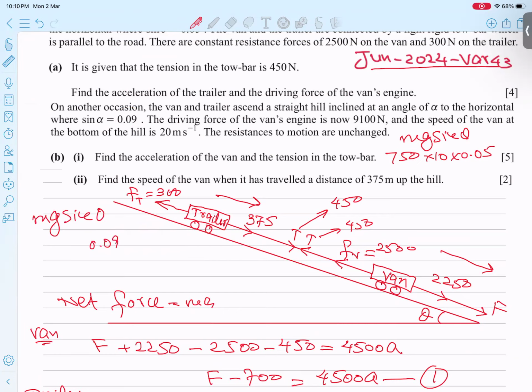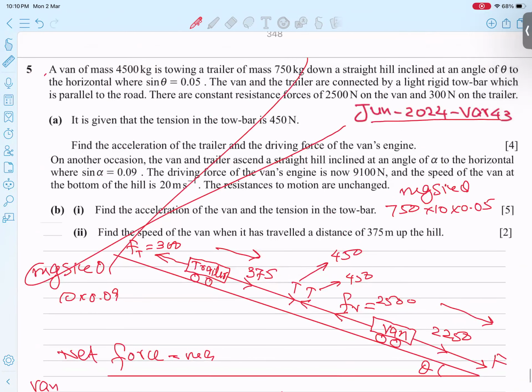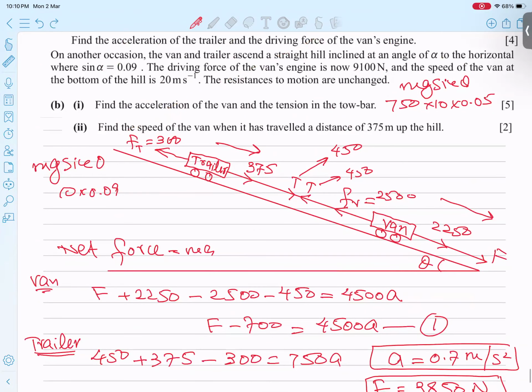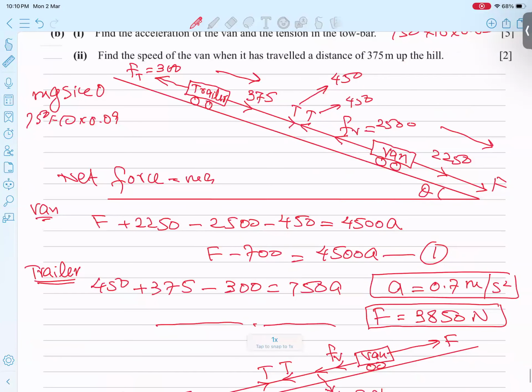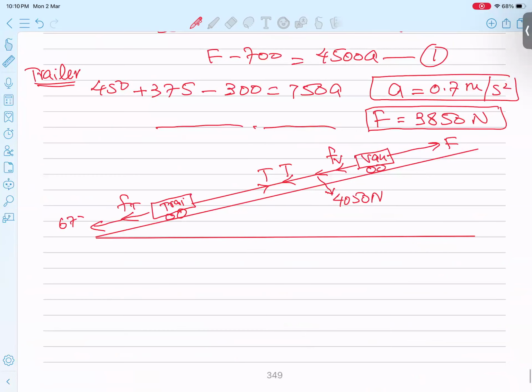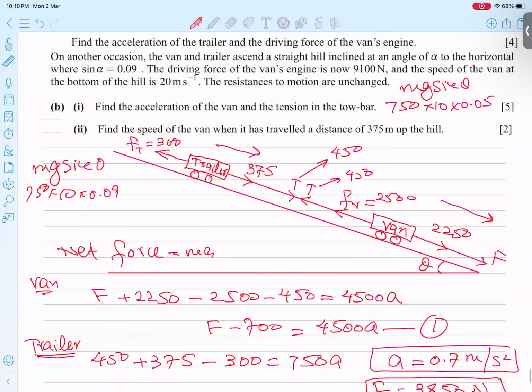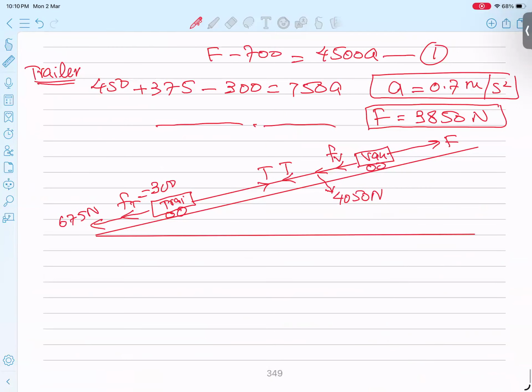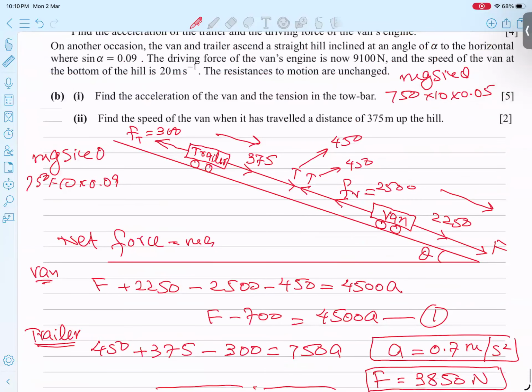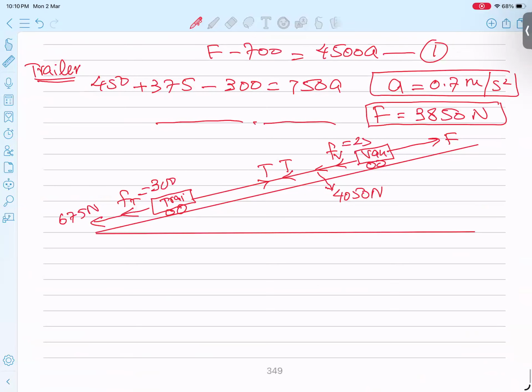Gravity 10 and mass is 750. When I do it carefully, 750 into 0.09, I'm getting 675 newtons. And our frictions are very clear. Trailer friction is 300, and the other friction is 2500.